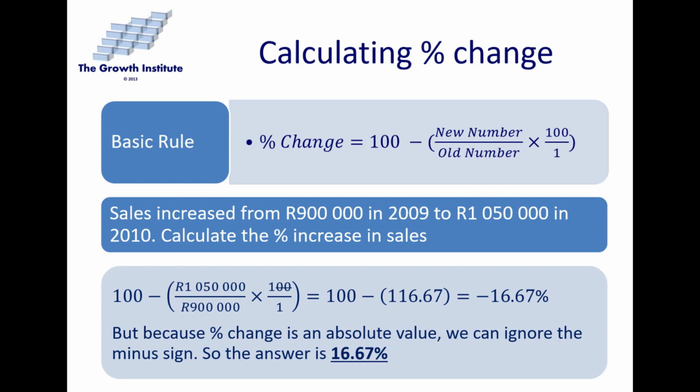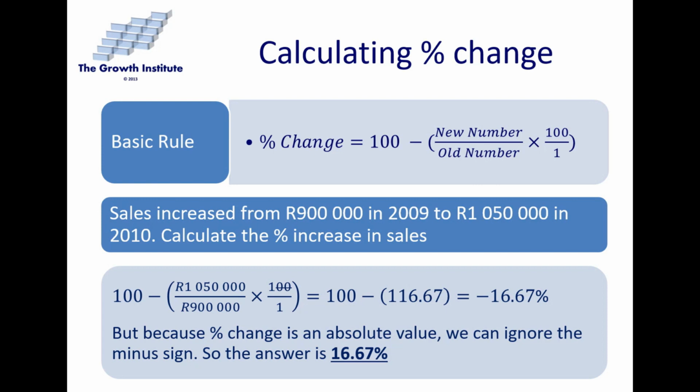But here we introduce something called an absolute value, which says it actually doesn't matter whether you do 100 minus whatever you have in brackets, or whether you do the brackets and then minus 100, because you can ignore the minus sign, because percentage change is an absolute value. So it doesn't matter. We're not asking you if the percentage change was positive or negative, because that's in the question. They say sales increased from 900,000 in 2009.